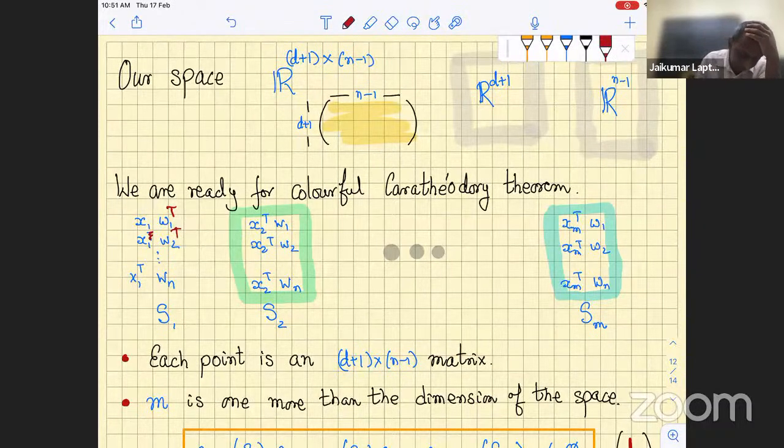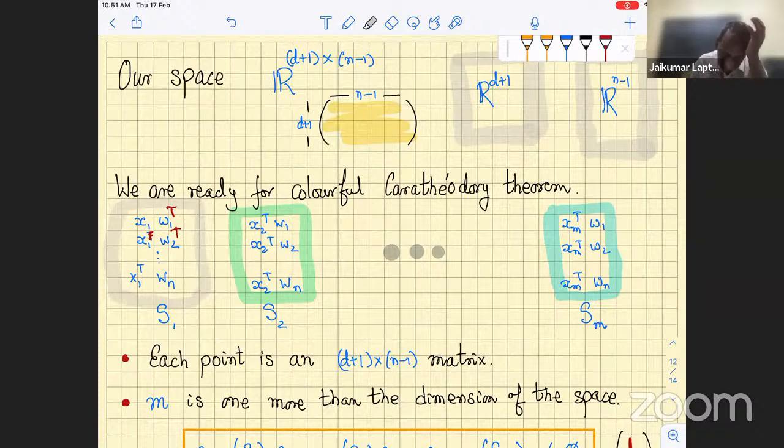So you take x1 w1 transpose, x1 w2 transpose, x1 w3 transpose. Those are the vectors here. And so these are of one color, and these are of another color.